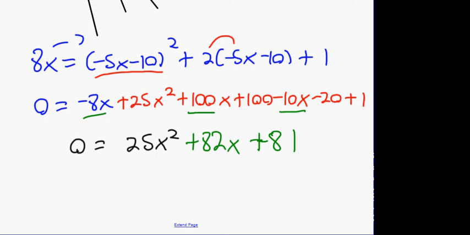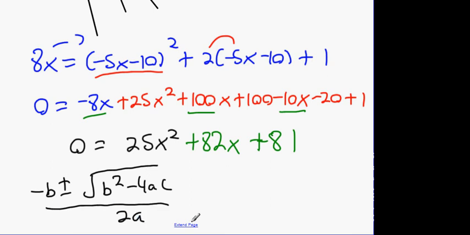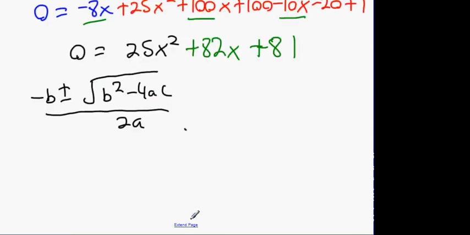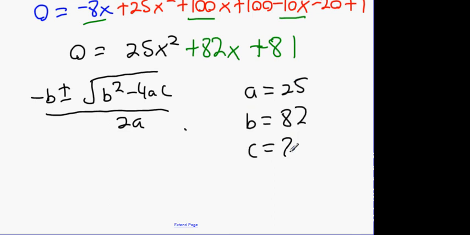So what I'm going to do is use the minus b formula to solve it, all over 2a. If I can solve this, there's an answer. If I can't solve this, there's not an answer. Let's see what happens. A equals 25, B equals 82, C equals 81.